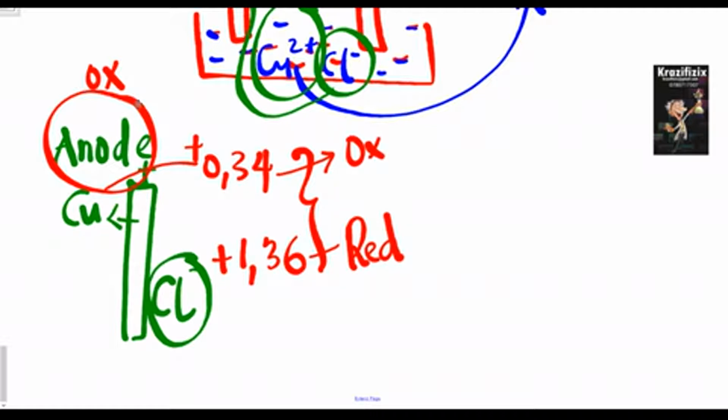But remember that at the anode, only oxidation can take place. Therefore, our copper will be oxidized. Cu will be oxidized. Remember, because at the anode, oxidation will take place.